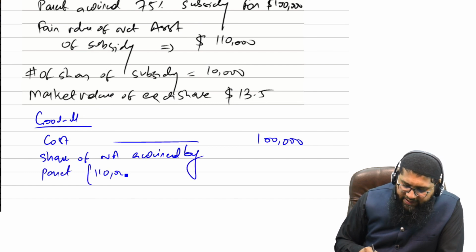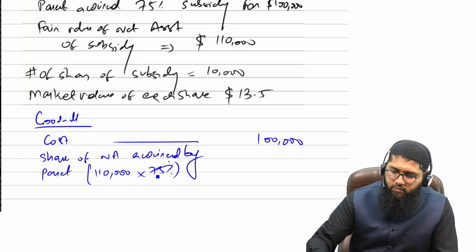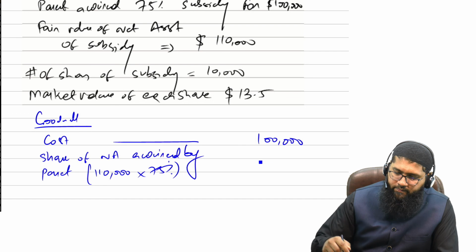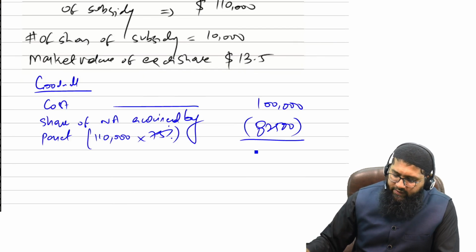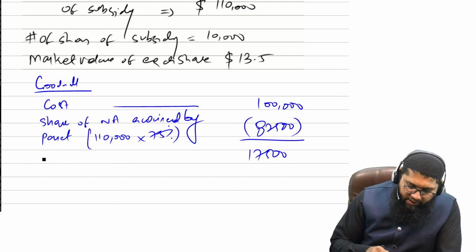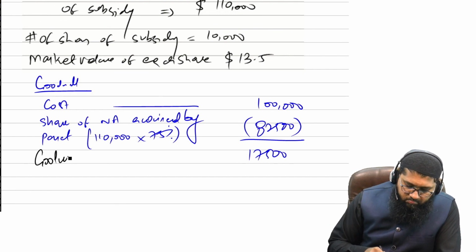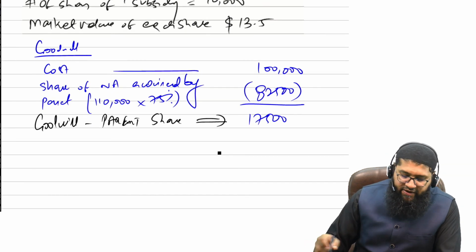So of the 110,000, as a parent you have acquired 75%. That means you have acquired 82,500. Now 17,500 is actually gonna be the goodwill which is parent share.